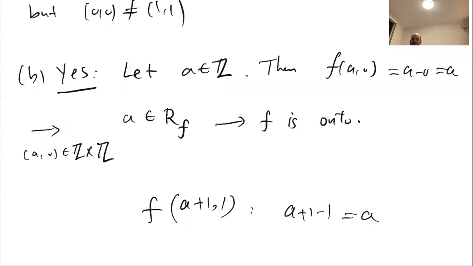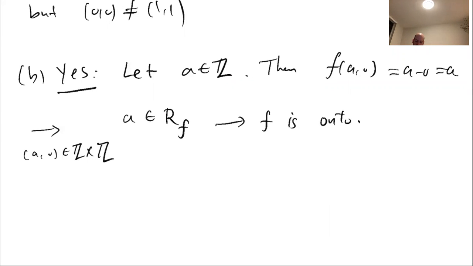So I could consider a plus 1 comma 1 inside my domain as well. But it doesn't matter, one element is enough. If you want to show that your element is in the range, you have to find at least one element in the domain which is mapped to the given element. It could be more. In this example, there are in fact infinitely many choices for each a, but one of them is enough. I just consider a and 0. You could consider a plus 1 and 1, or a plus 2 and 2, and so on.